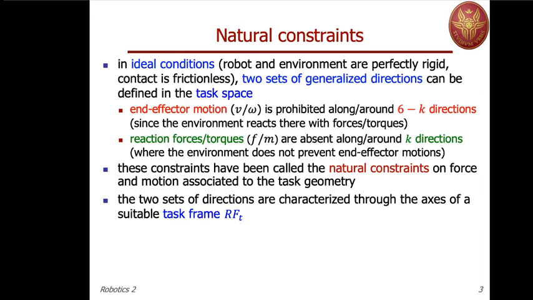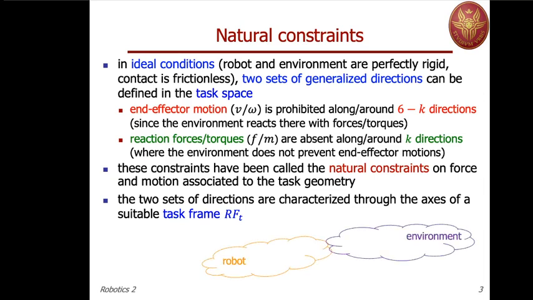Well, this is done through the definition of a task frame, which we call a reference frame with a subscript T in general, and the axes of this frame will specify which are these directions. So imagine that we have a generic robot, this is a cloud, in contact with a generic environment represented as another cloud.